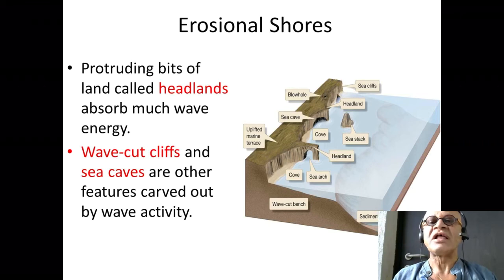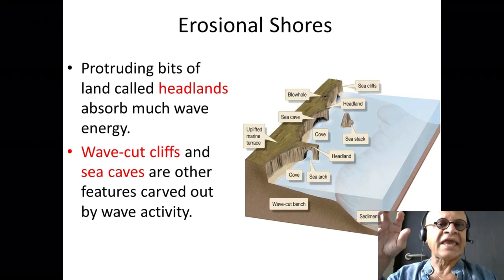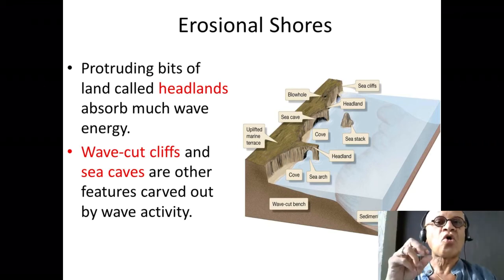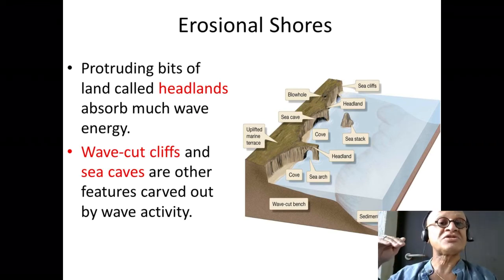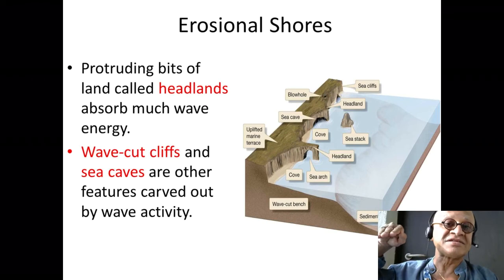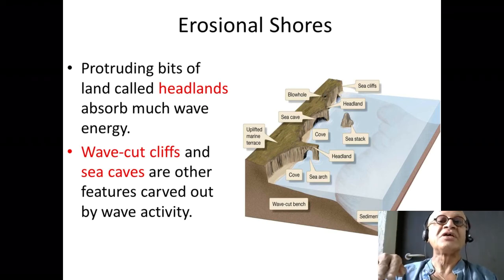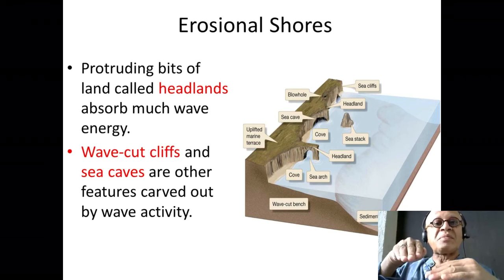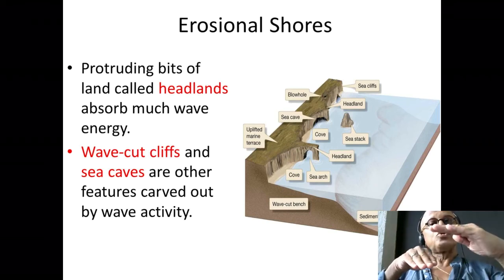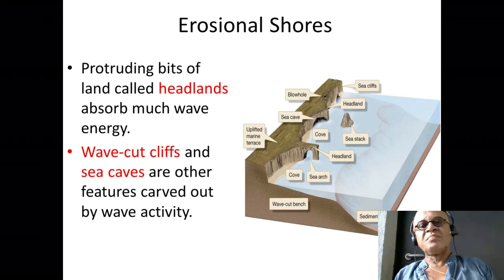You get sea cliffs, you get caves and blowholes and uplifted marine terraces, which is related to a plate that is, for example, subducting. The Pacific plate is subducting under the North American plate, then it pushes up the plate, so you can have these uplifted marine terrace like features.